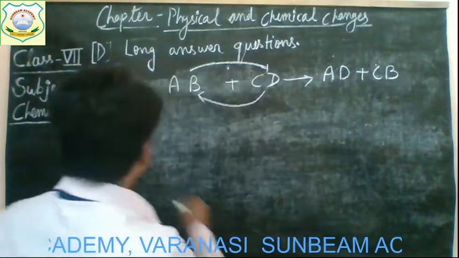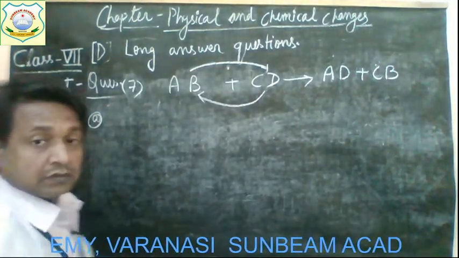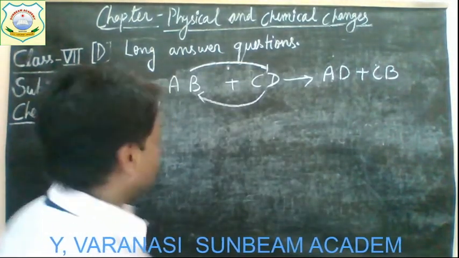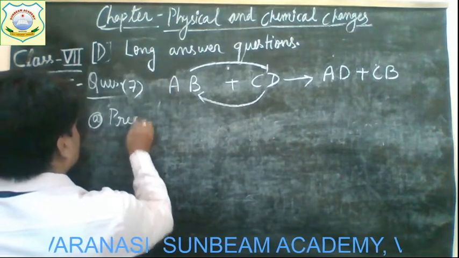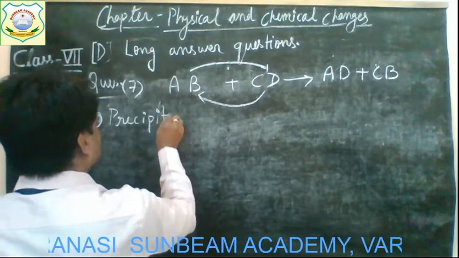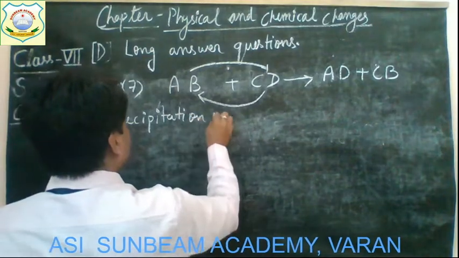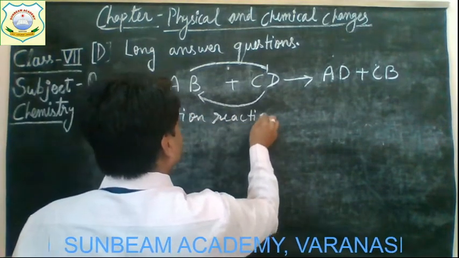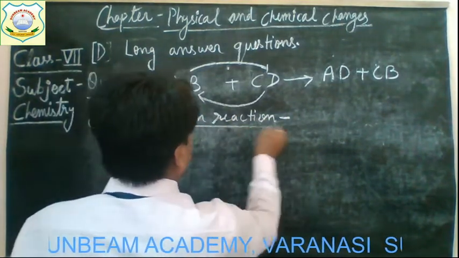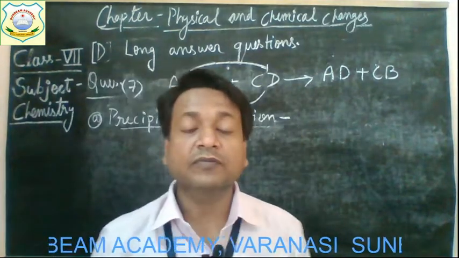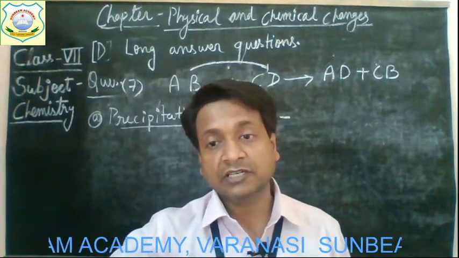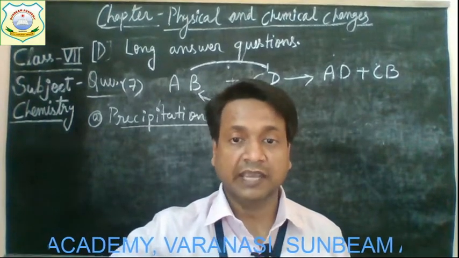Now, there are two types of double displacement reaction. The first type of double displacement reaction, children, is precipitation reaction.